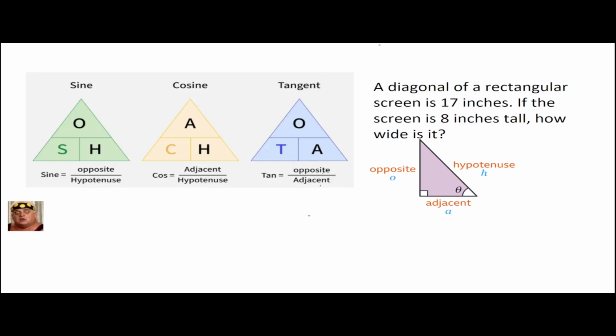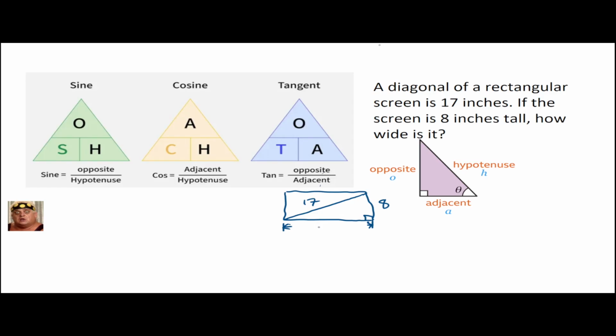So if we do sort of a drawing, and again just imagine that I can draw a rectangular screen, so the diagonal of the screen is 17, and then it tells us it is 8 inches tall. Well, it forms a right angle there, and it says how wide is it from one end to the other.